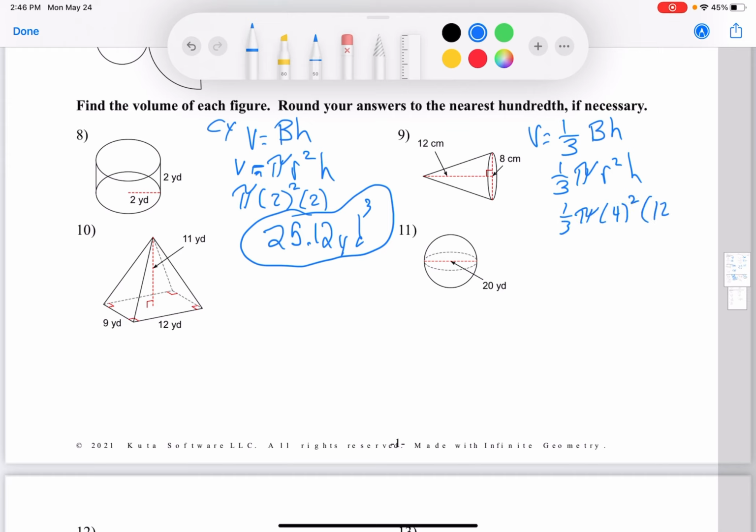The height of the object, from the base to the point, is 12. So I'm going to do 4 squared times 12 times pi and divide that by 3, or take it times 1/3, same thing. You get 201, it says nearest hundredth, 201.06 centimeters cubed.